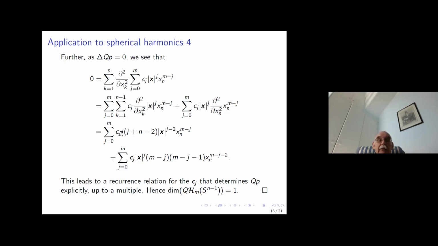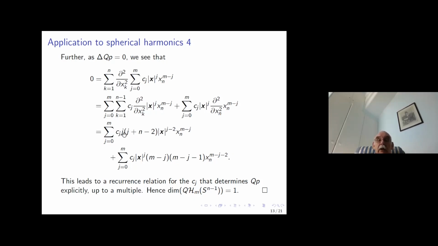So that means that there is a relationship between these coefficients, and that relationship means that if I know what C0 is, then I know automatically what C2 is, and then I know automatically what C4 is, and C6, and so on. Yes, j is always even, so I only have to worry about 0, 2, 4, and so on.